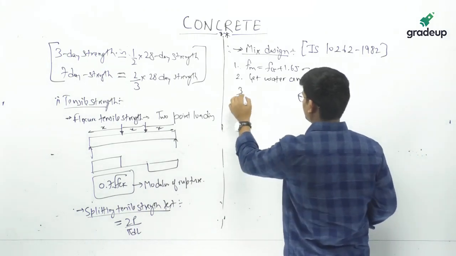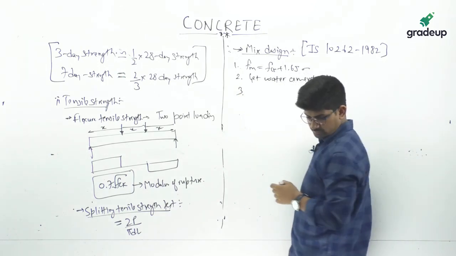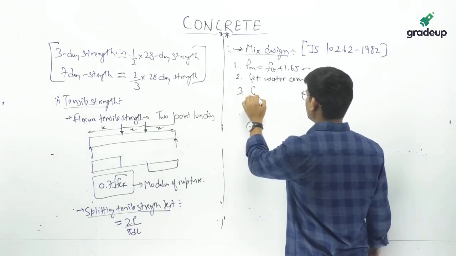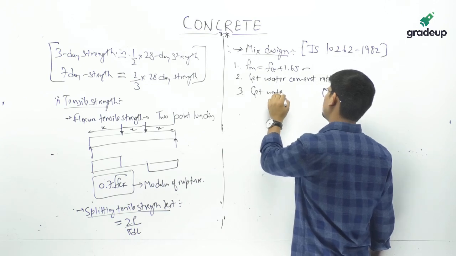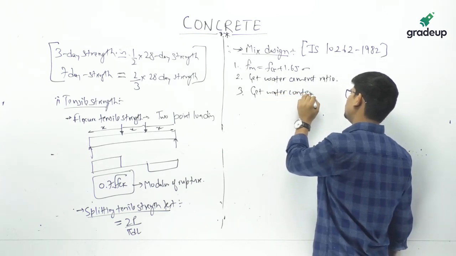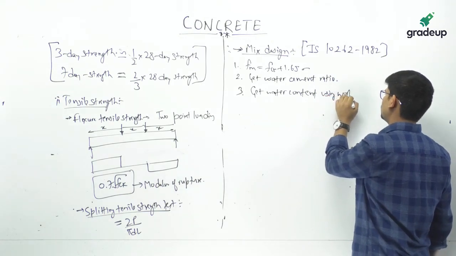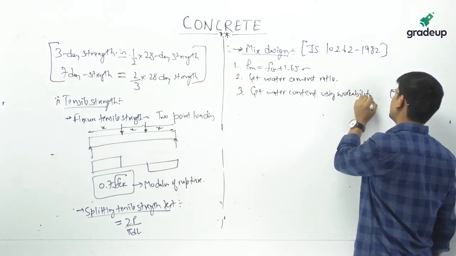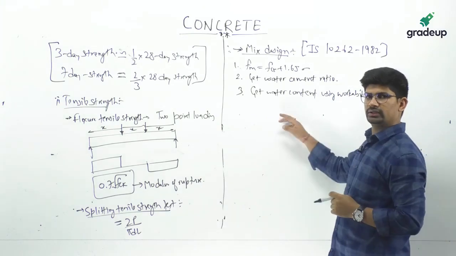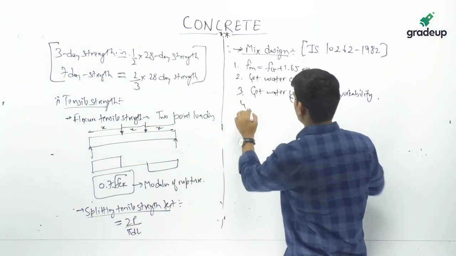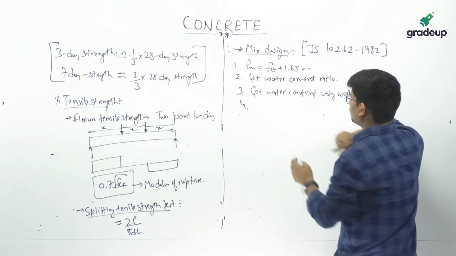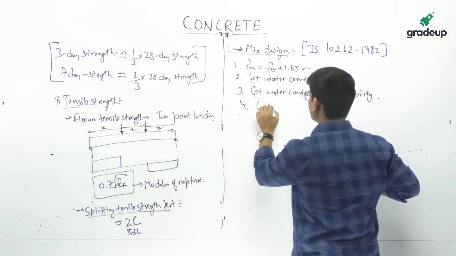Then with workability requirements, you get the water content using workability. Which type of workability is required? You get the water content. Now using these two, step 2 and 3, you will get cement content.